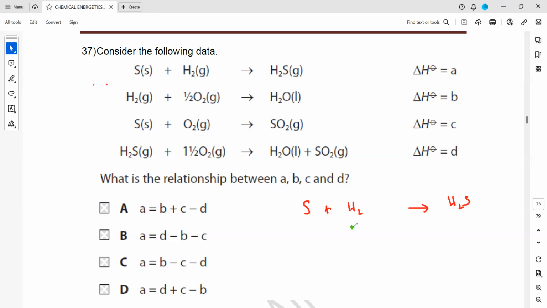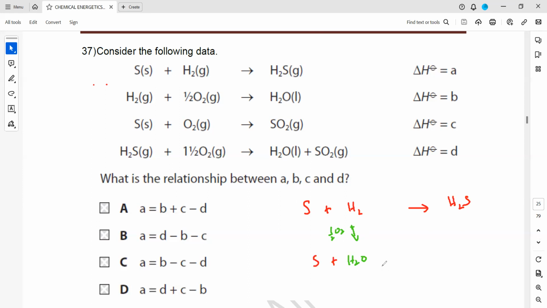So if this hydrogen is reacted with half O2, it will result in the formation of H2O. And sulfur will not change. Sulfur will be there because sulfur did not react.